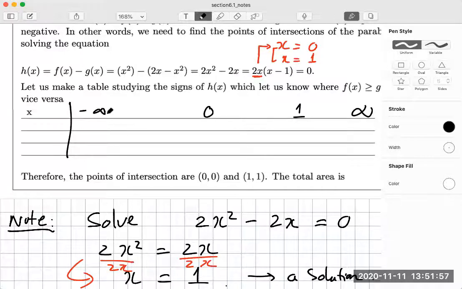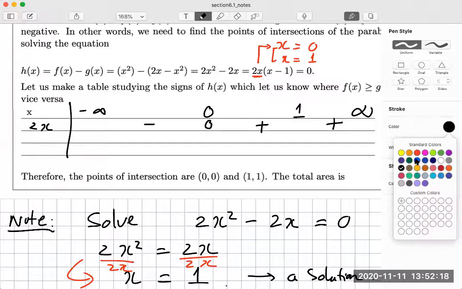For the function 2x here, the solution will be at 0. Very good. And for any number smaller than 0, the sign of 2x will be negative.